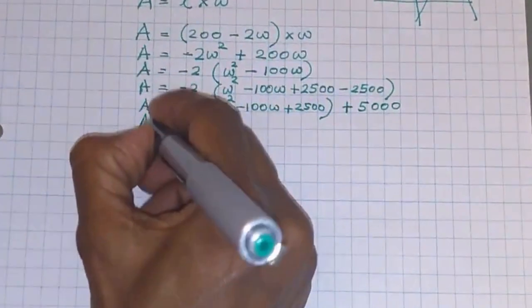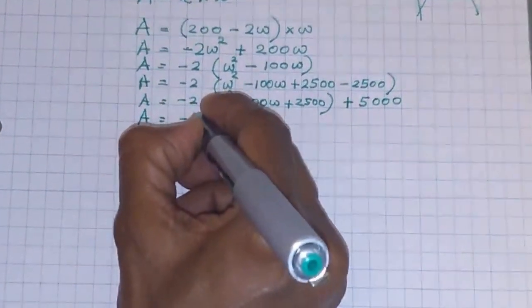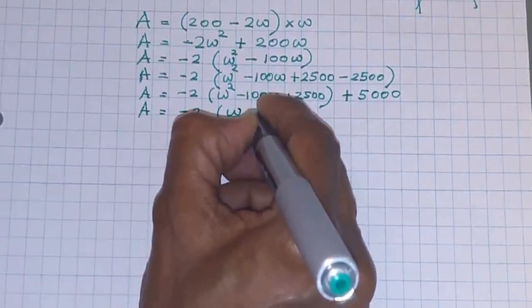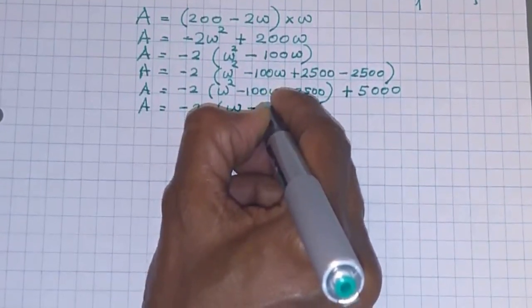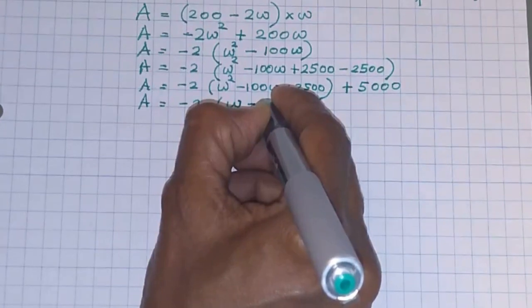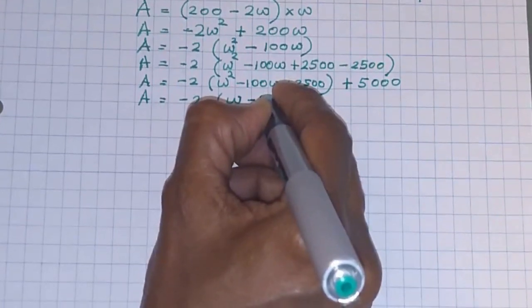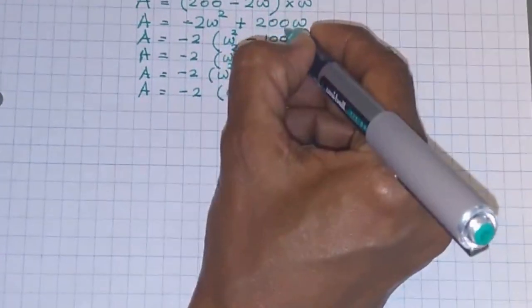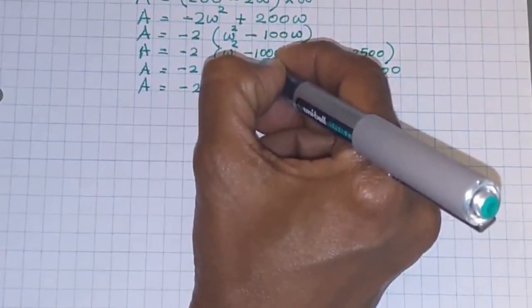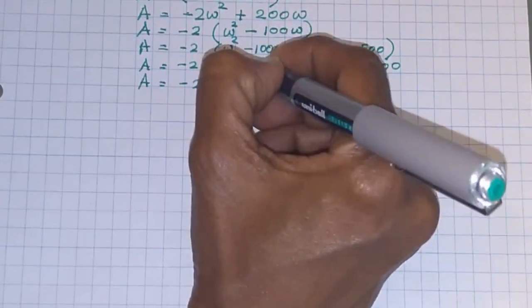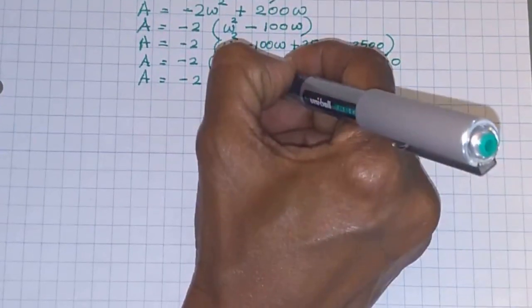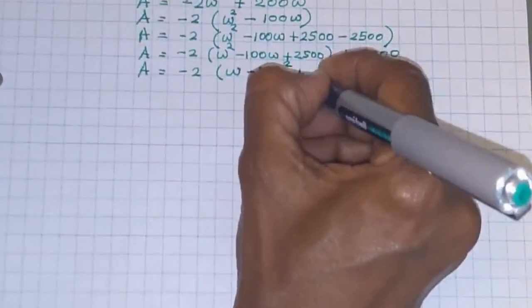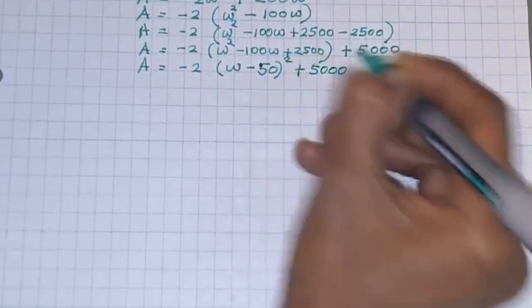Now I have the terms for a perfect square. Let's write the expression. It's going to be negative 2 times W minus 50 squared, plus 5000.